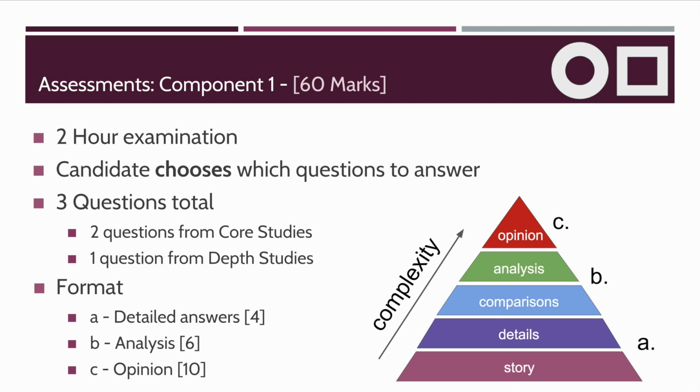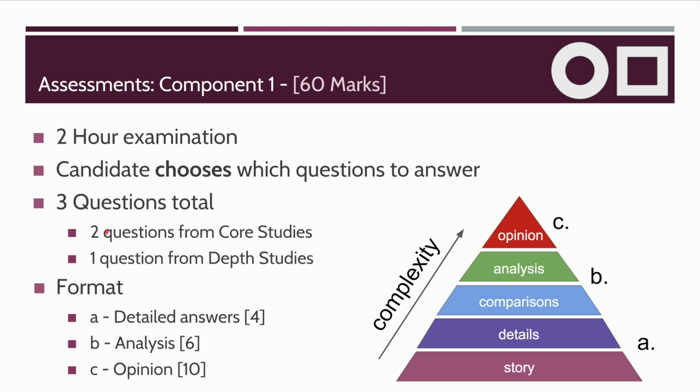So one of the things that's nice, especially as I mentioned with the depth studies, is that if you look at Germany and China, or perhaps you're interested in World War I, when you get into the assessment, you have more choices on which questions you like to answer, and that can often make for a stronger paper.